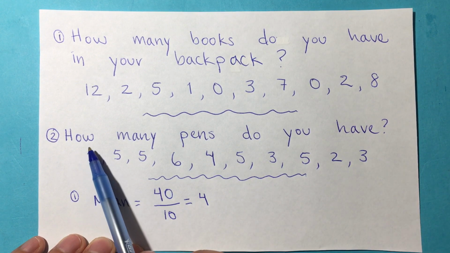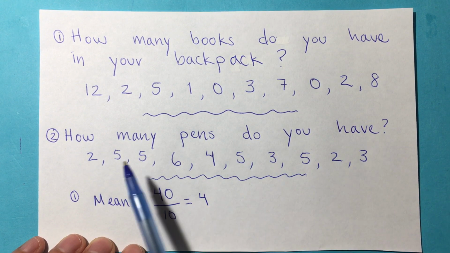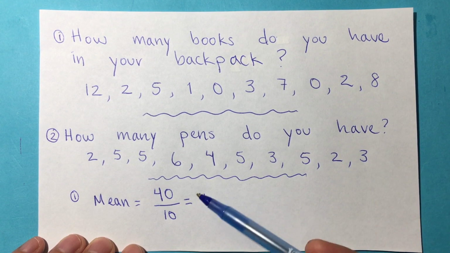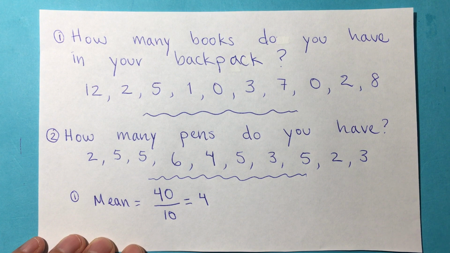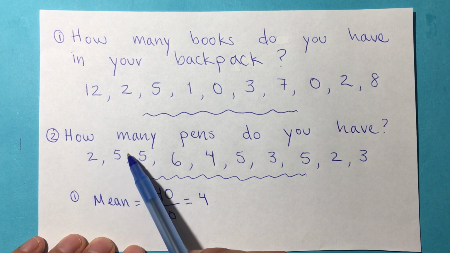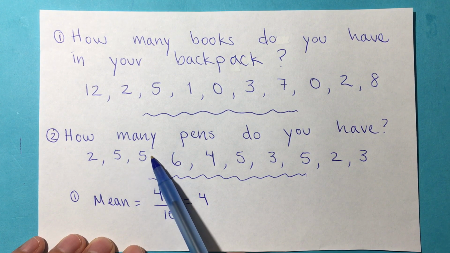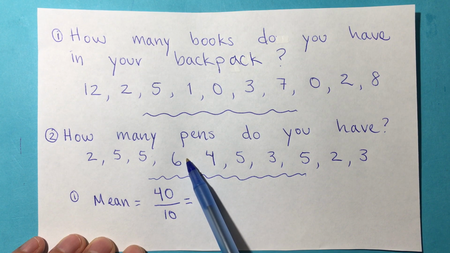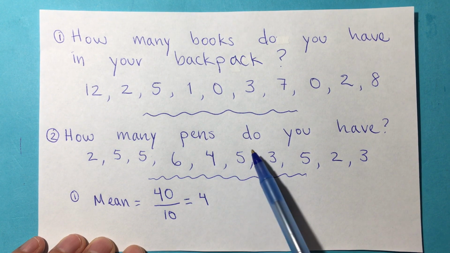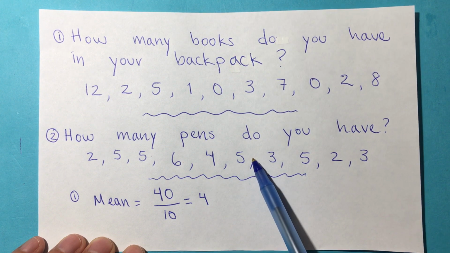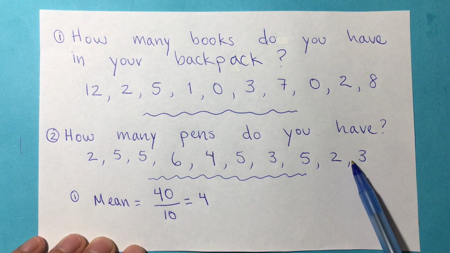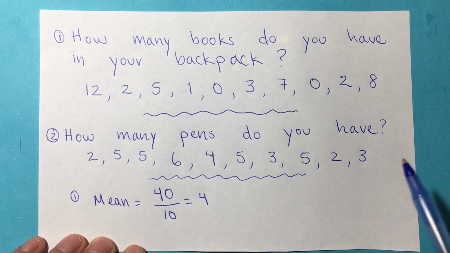The second question says, how many pens do you have? Again, these are possible answers, and yes, these are made up so that you can understand what we will be working with here. So 2 plus 5 is 7, plus 5 is 12, 18, 22, 27, 30, 35, 37, 40.